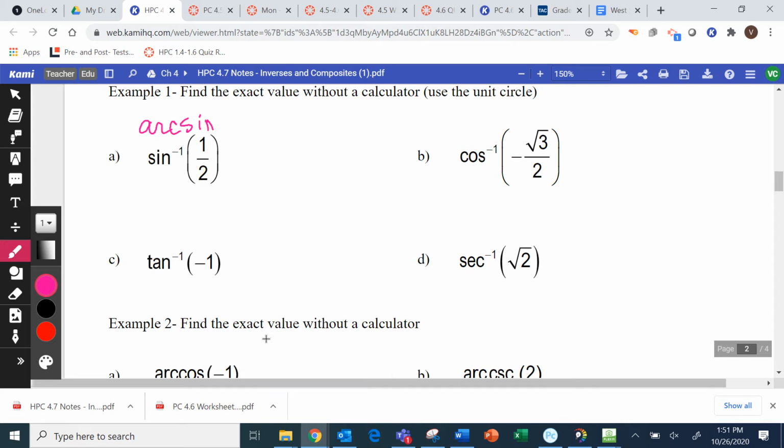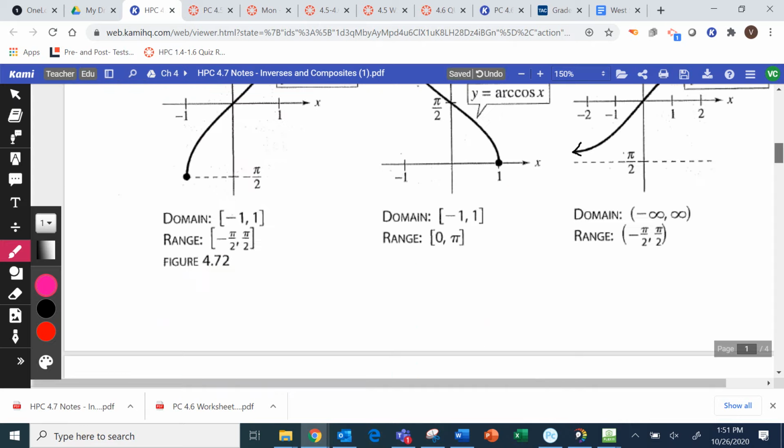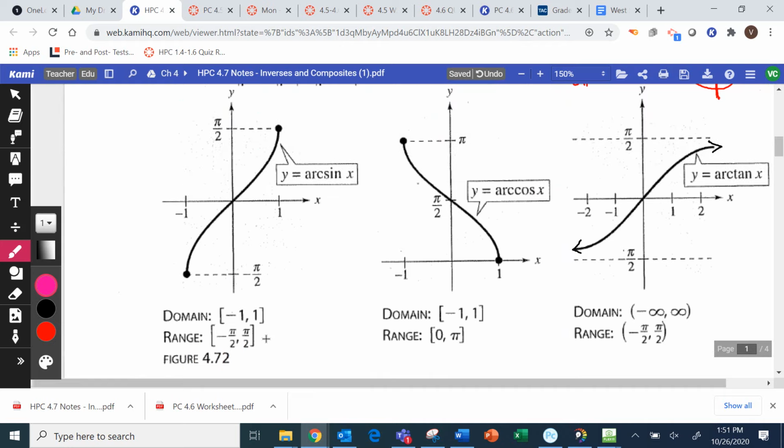So we're thinking about using this graph of arc sine, and what x value would make the sine value equal a half? Actually, I lied. I did it the wrong way.